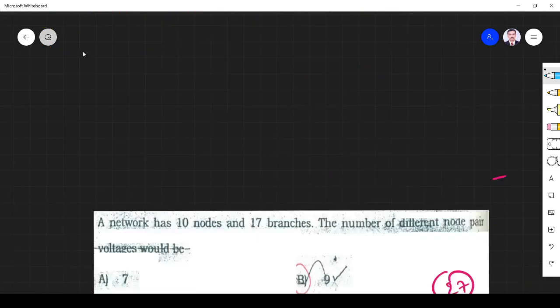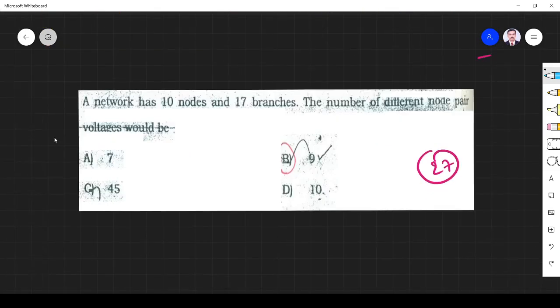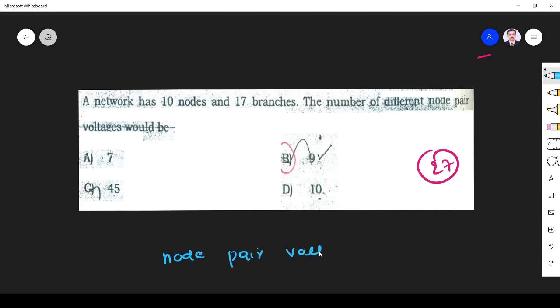Next one, a network has 10 nodes and 17 branches. The number of node per voltage is equal to n minus 1, where n is the number of nodes.